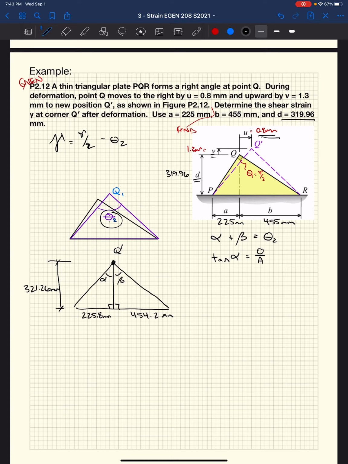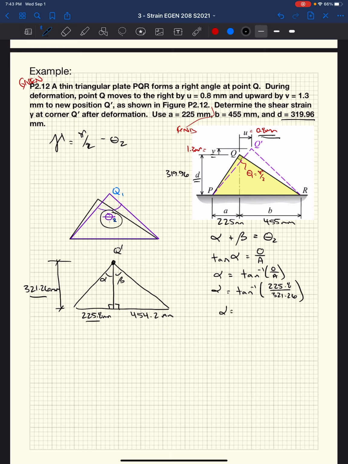Well, we have those two dimensions; we just determined what those were. Inverse tangent will give us alpha, tangent^-1 of opposite over adjacent. So we can say the inverse tangent of 225.8 divided by 321.26. Well, that gives us alpha.